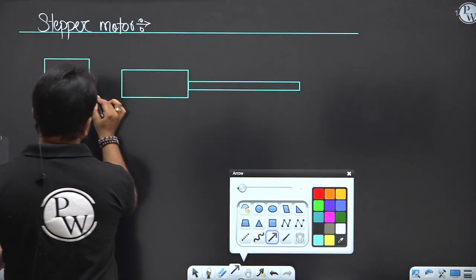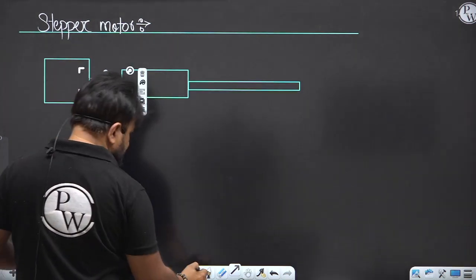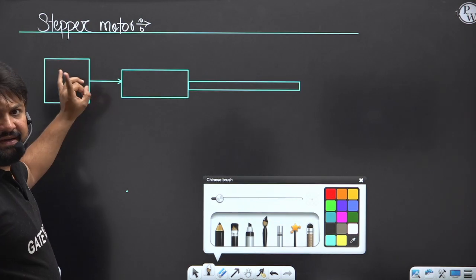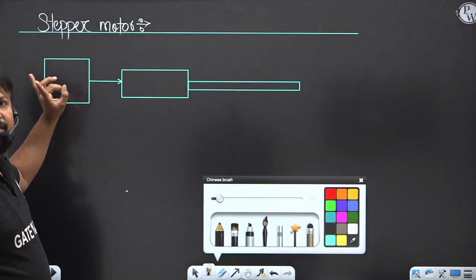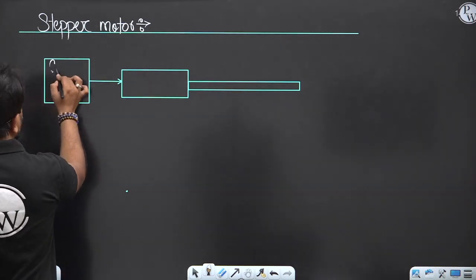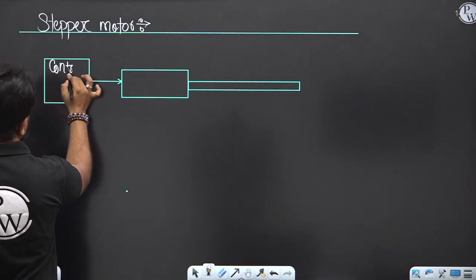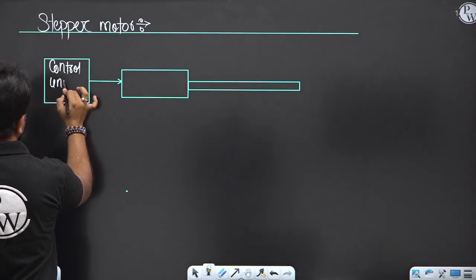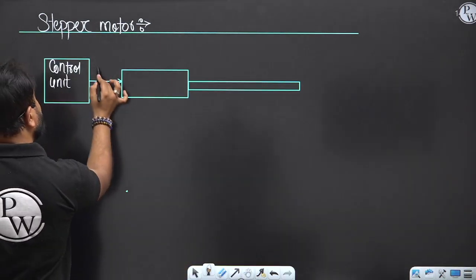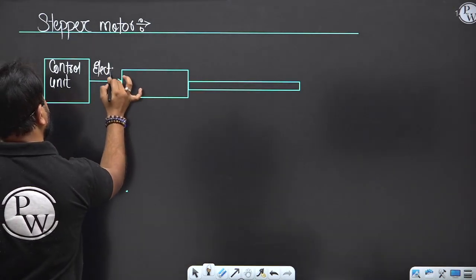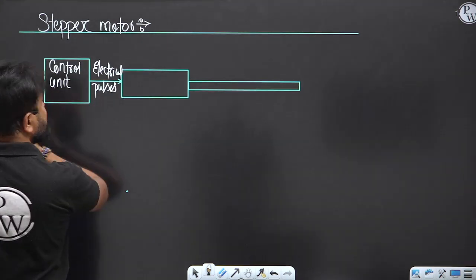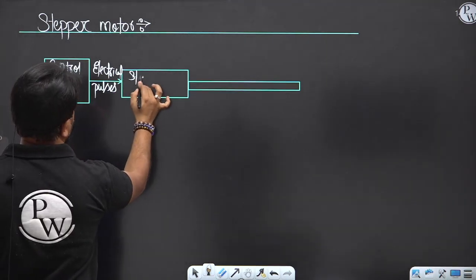Now from the central main unit, this control unit, we have sent some electrical pulses to the stepper motor.